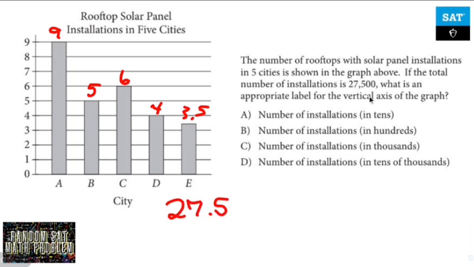I'm talking about 27,000. So really what this should be is numbers in the thousands. Because if I were to multiply all of these numbers added together by 1,000, I get 27,500. So I want the number of installations in thousands. That should do it. That should make it work. All right, done.